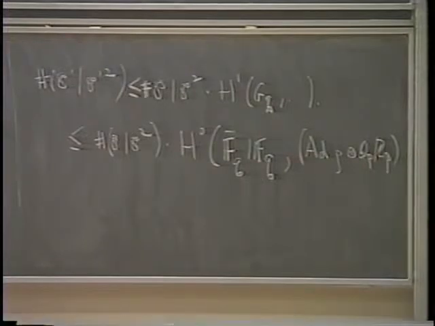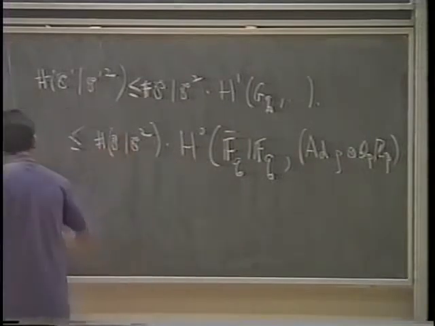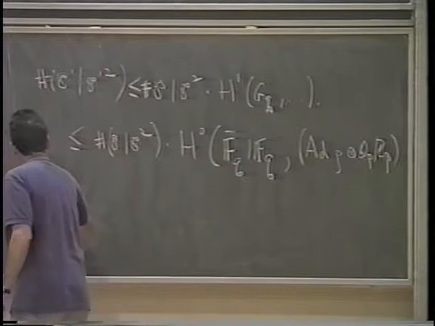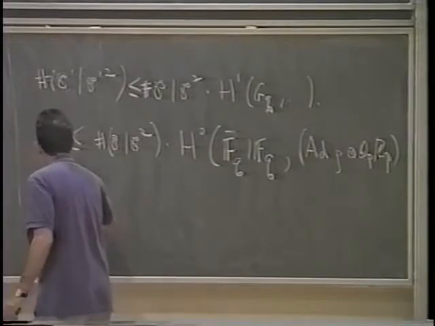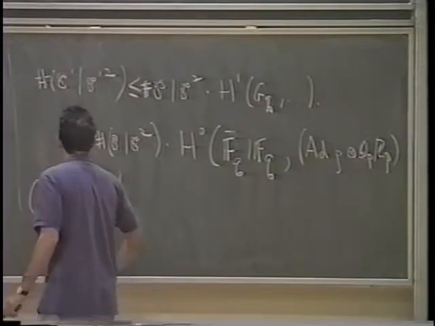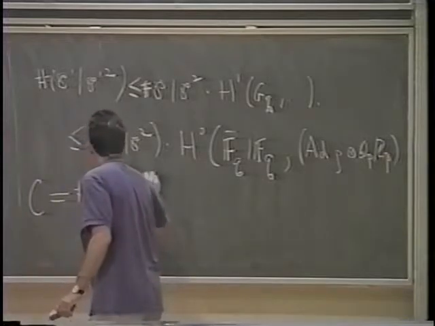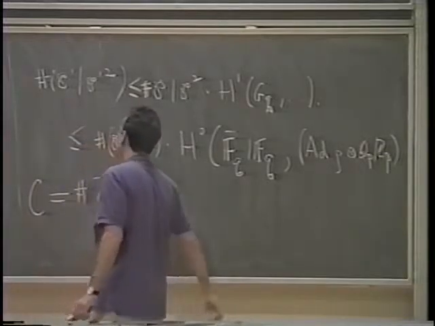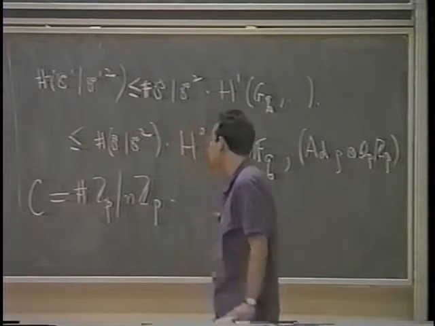And what will happen is that you get an inequality of the desired type. And here, what's going to happen is that C is going to be the order of Zp modulo a certain number. Well, I'll just call it n for number. In other words, C is going to be the p part of this number.